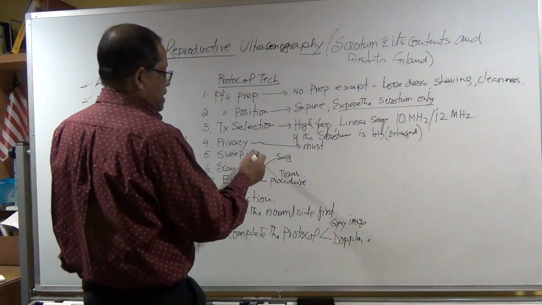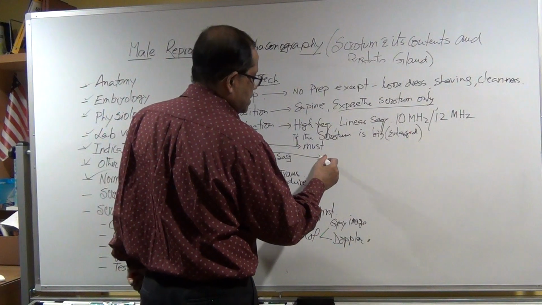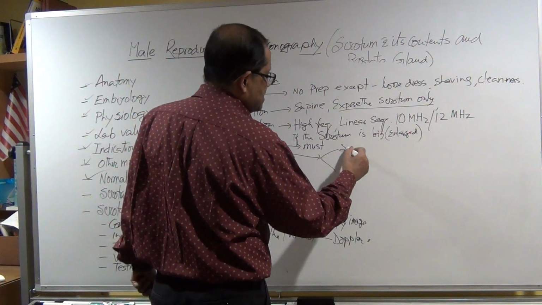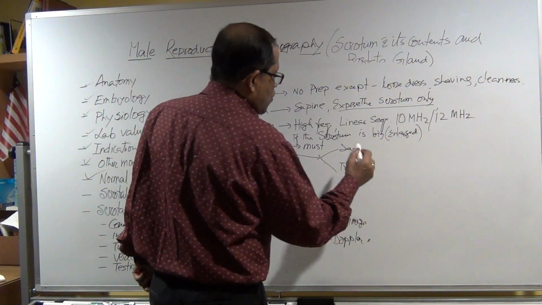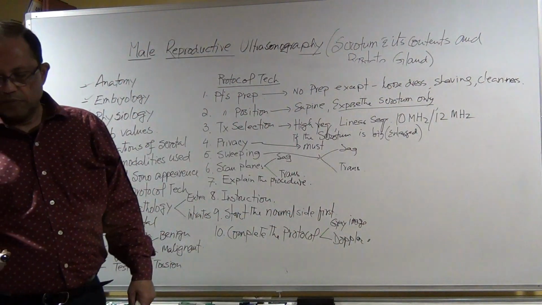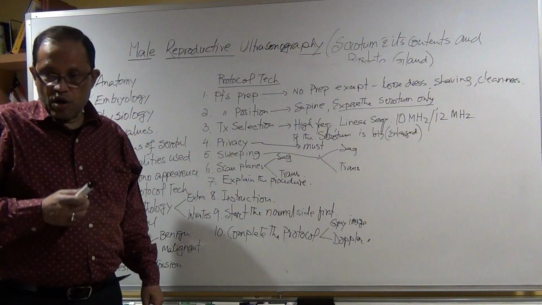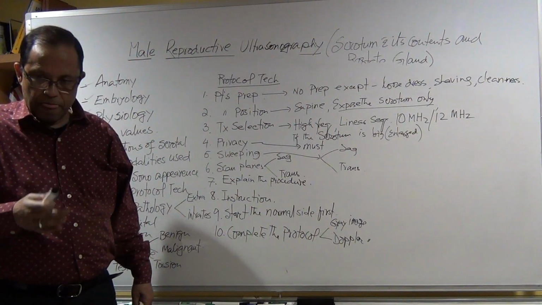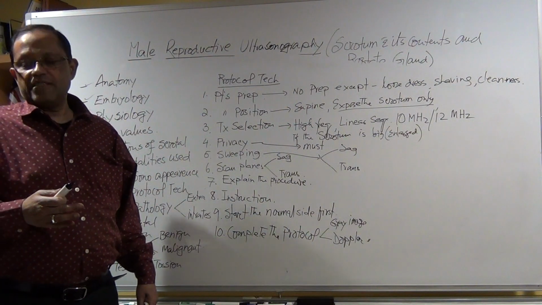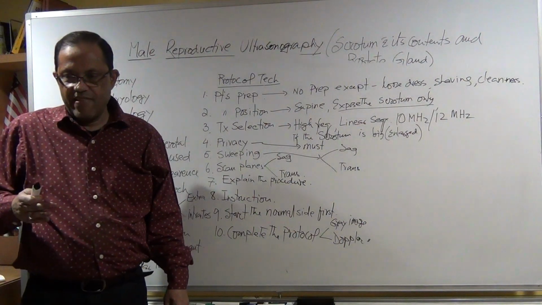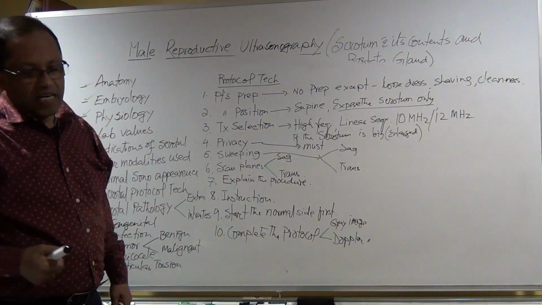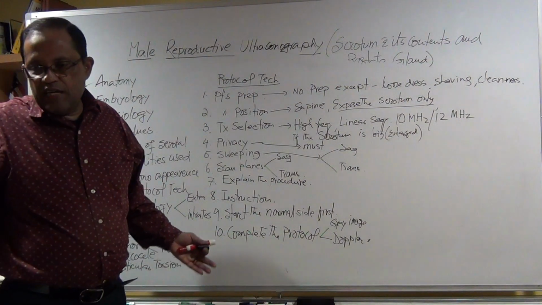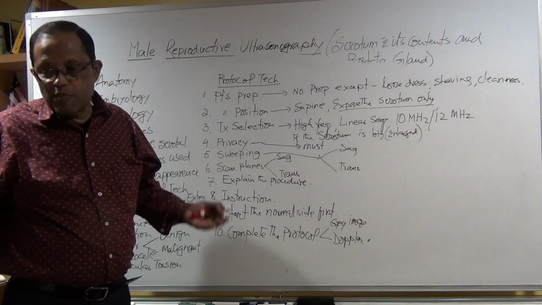Now swiping. Swiping means swiping both in sagittal and in transverse. Why swiping before taking the original picture? To see if there's something wrong. Yes, it's a quick survey. Quick survey: is there any pathology or not? Then if you see it is normal, there is nothing wrong, you have peace of mind.